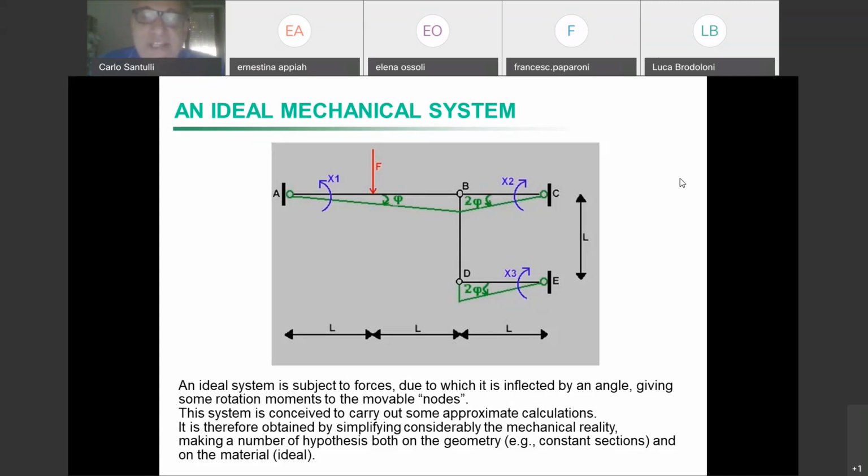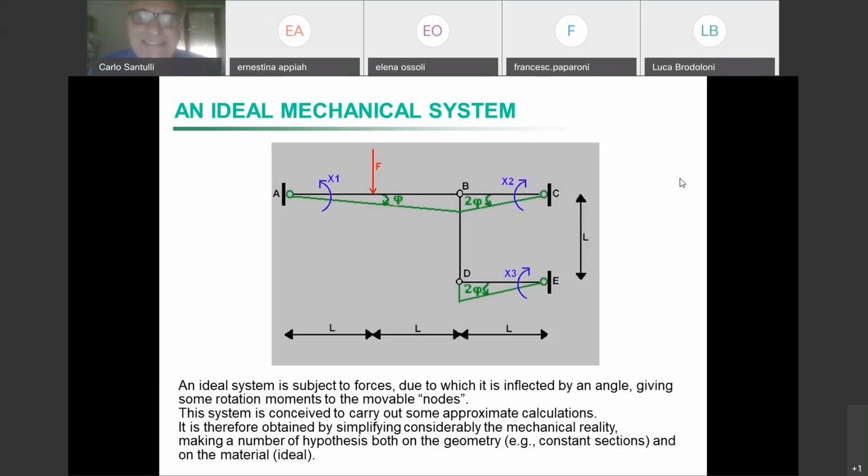First, the section of all these beams, of all these lines, is constant. And that's a point which is not trivial, because if it is not constant, of course we apply a force, but the effect might be different on different points if the section is not constant.